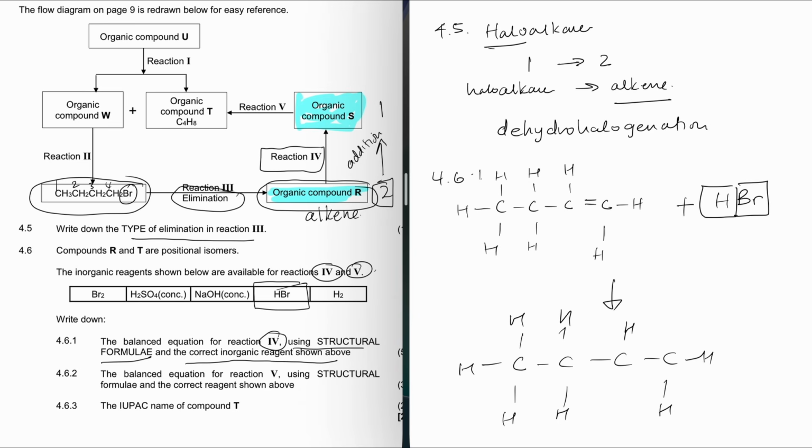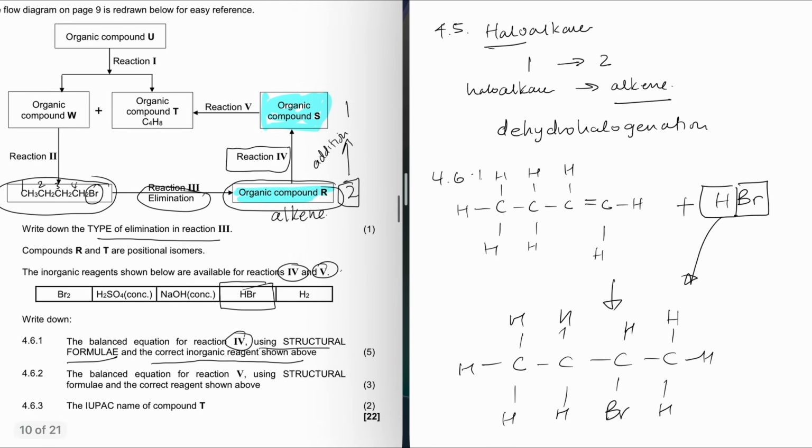Remember, during an addition reaction, the hydrogen is going to go to the carbon that has the most hydrogens. So this has the most hydrogens, and that's where this new hydrogen is going to go. And the bromine is then going to occupy this space right here. So for 4.6.1, the balanced equation using structural formulae and the correct inorganic reagent, that's going to be our solution.